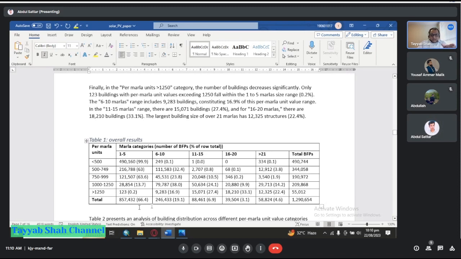So 66% of buildings are basically small size houses.